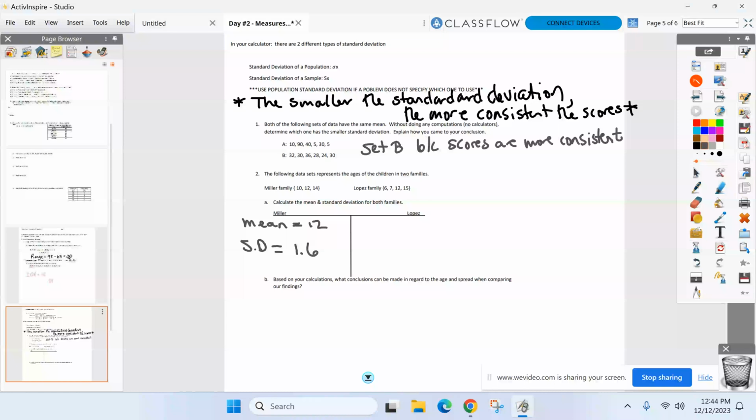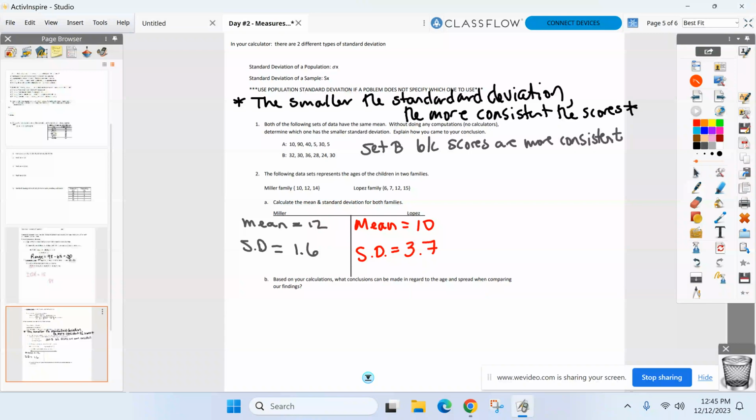Go ahead, clear it back out and do it for the Lopez family. We're getting the mean of 10 here, and standard deviation about 3.6, 3.7.